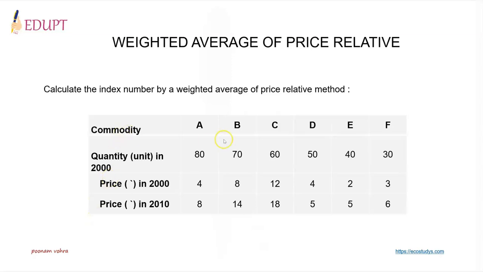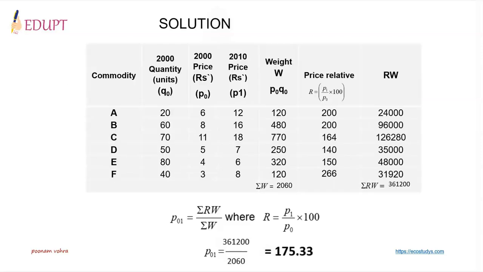Now have a look at this illustration. This is about the 6 commodities for which quantities sold in 2000, prices that existed in 2000, and prices that existed in 2010 are given. You need to calculate index number by weighted average of price relative method. Let's have a look at the solution. To solve this, you need to prepare a table with 7 columns. Column 1 is commodities.